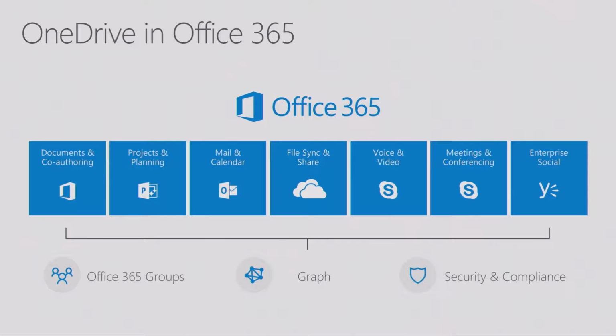The first being Office 365 groups, where we make it really easy for you to work with a set of people. As Jeff said, a group is a set of people, a site is a place they go to work, and OneDrive is the files browser, the files experience that lets you see all the places that your files might exist, that you work with your team, either in ad hoc collaboration or structured collaboration, or even where files are part of business processes.